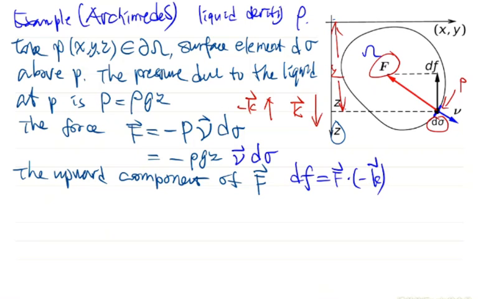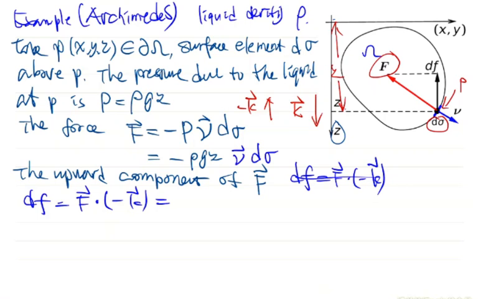Then this is rho gz, and I have no place to write, so I have to write on the next line. dF is F inner product with minus k.